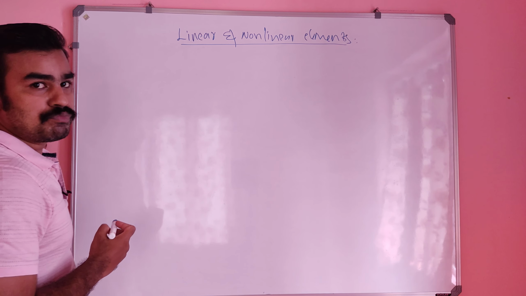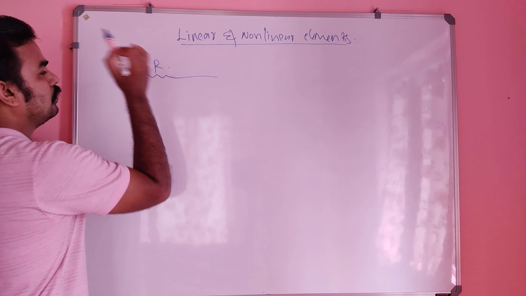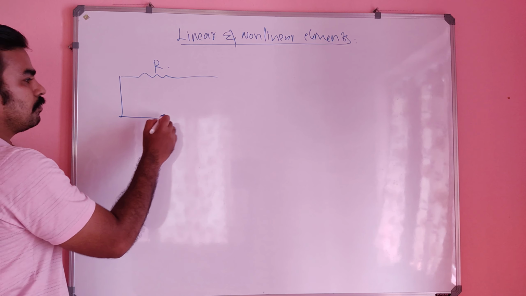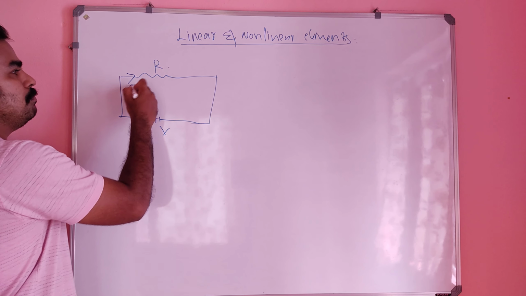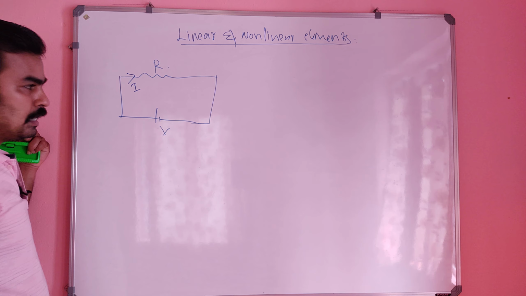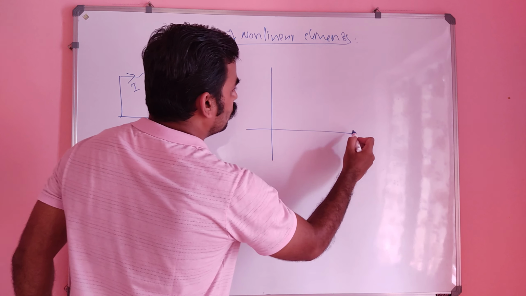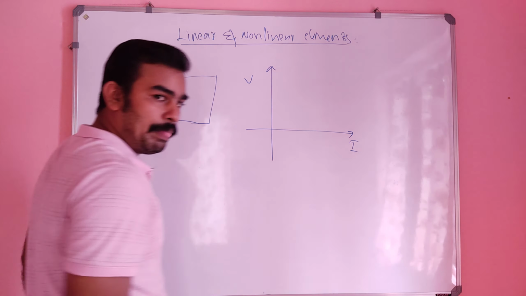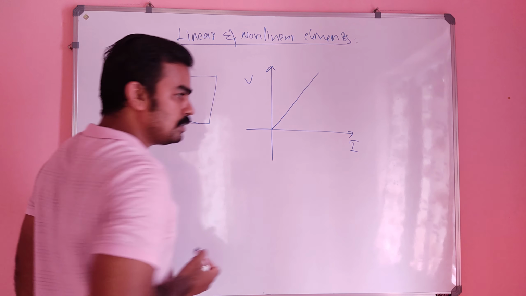Consider a resistor. Suppose this is a resistor of resistance R ohm. Suppose we are passing a voltage through it and there will be a flow of current. Suppose we plot a graph between voltage and current, a V and I graph, then we will obtain a graph like this.